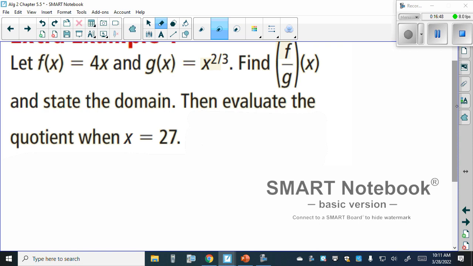All right, let's look at one more division problem before we move on to the next part. Let f of x be 4x and let g of x be x to the 2/3. Find f divided by g of x, and then evaluate when x is equal to 27.